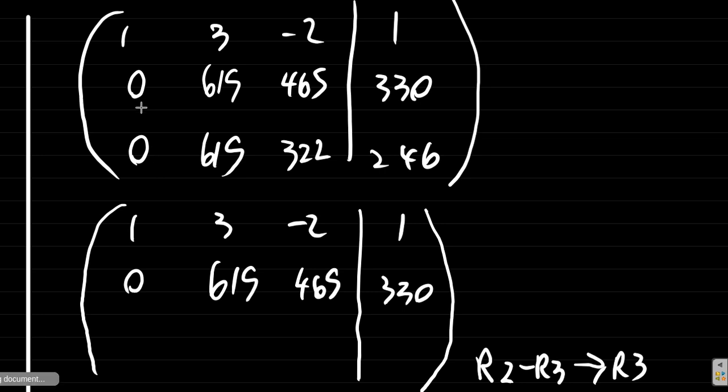Row 2 minus row 3. 0 minus 0, that's 0. 615 minus 615, that's 0. Then 465 minus 322 gives us what? 143.